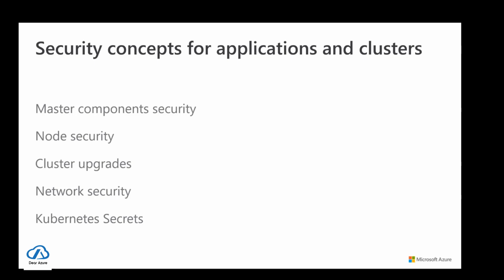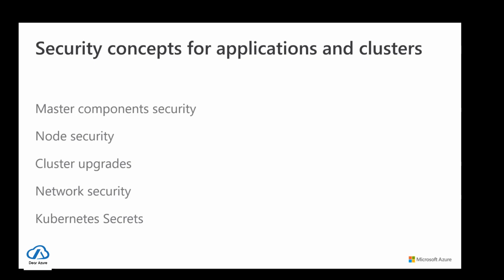Each AKS cluster has its own single tenant dedicated Kubernetes master that provides API server, scheduler, whatever we have seen in the picture before. So for each cluster, you have this master component for each Kubernetes tenant, basically. And this master is managed and maintained by Microsoft. You don't touch it; it's their responsibility. Microsoft looks after the security of these master components.